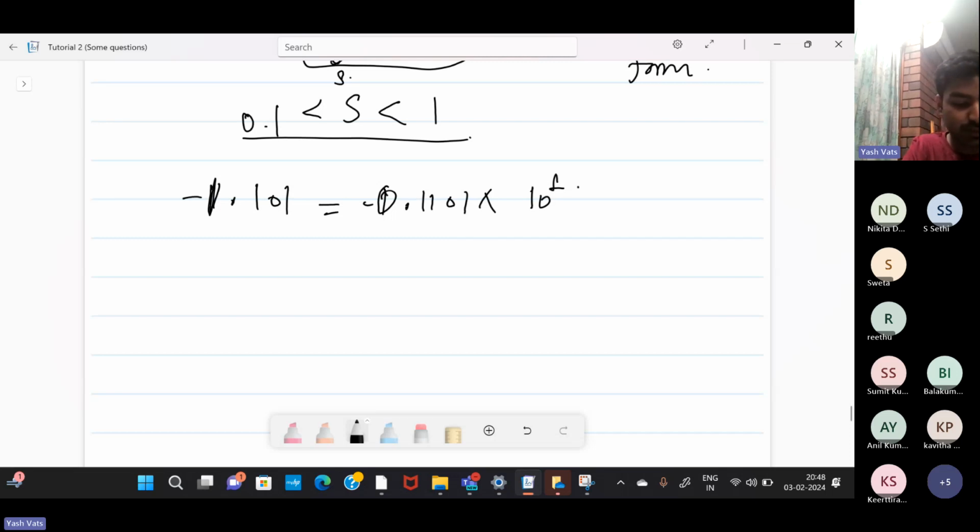And what is the floating point representation of this number? Okay, so we form the floating point form of this number, 10 to the power 1.